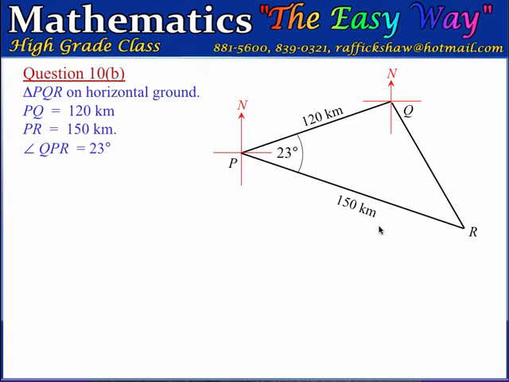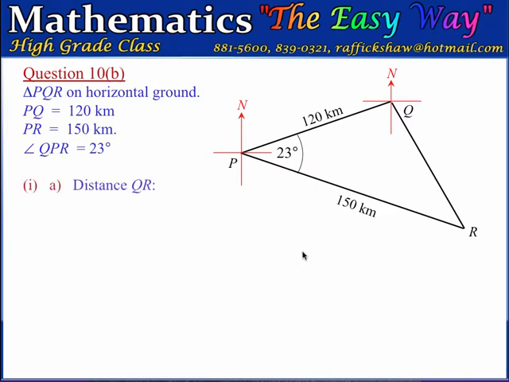So it is as if we are looking down at the triangle PQR from above. We are also told that the distance PQ is 120 kilometers and the distance PR is 150 kilometers. Additionally, we are told that the angle QPR is 23 degrees, which is also shown on the diagram. So let's go to the questions.